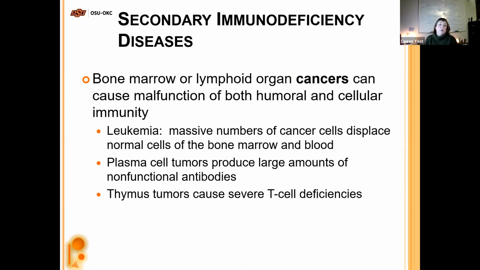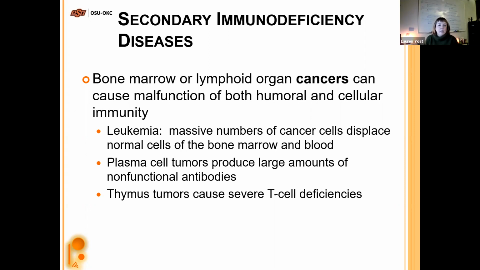Bone marrow and lymphoid organ cancers can also cause malfunction in both the humoral and the cellular immunity, because you might be overgrowing your white cells, your T and B cells. But let me ask you something. Do you think that those cells are behaving properly? No. So you might have a lot of them, but they're not doing their job. So that can lead to a lack of function of your immune system as a result. Leukemia can cause this.